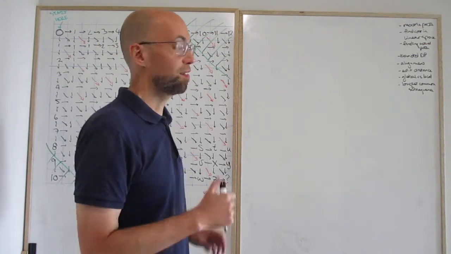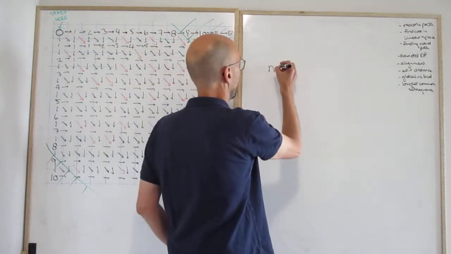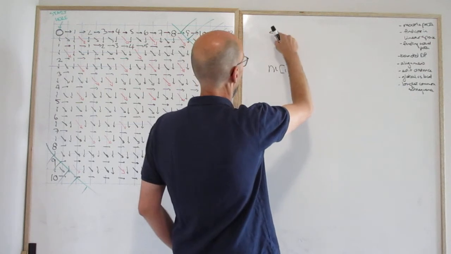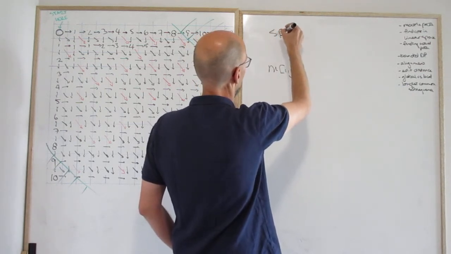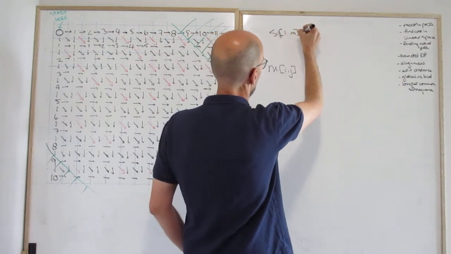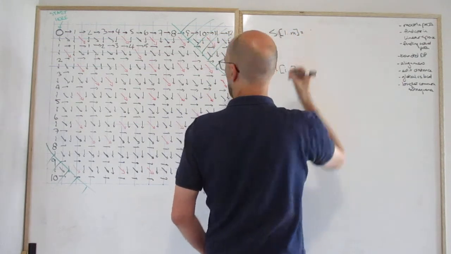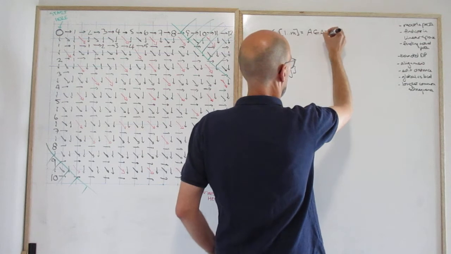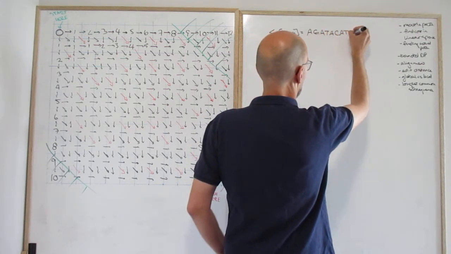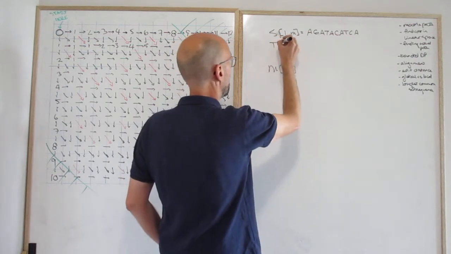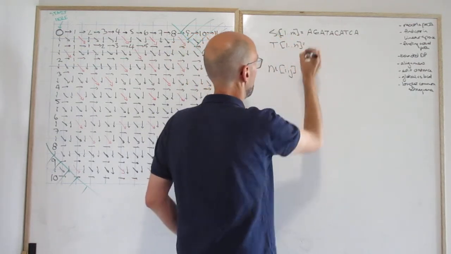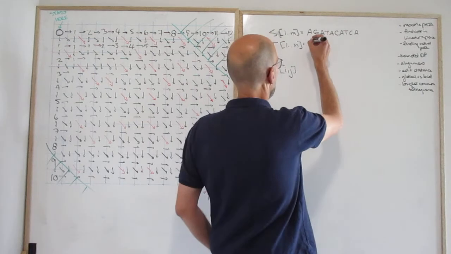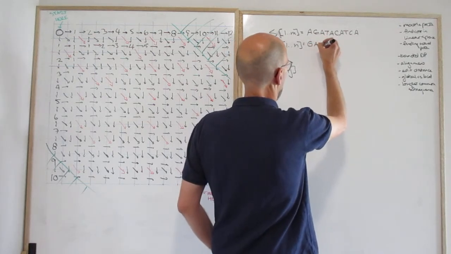I need a name for a matrix. Let's say M, with S1 to M, T1 to N, so in this case, M is like 10, is gata cat.